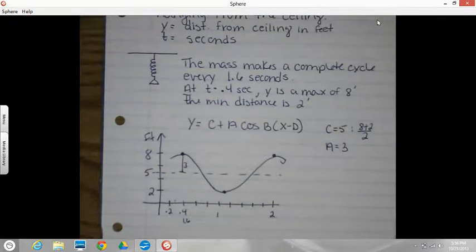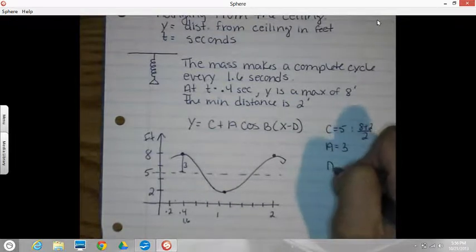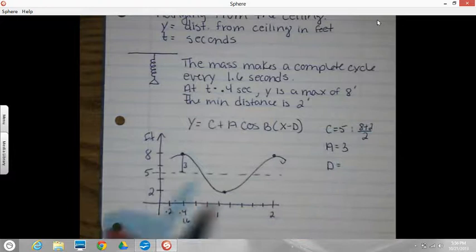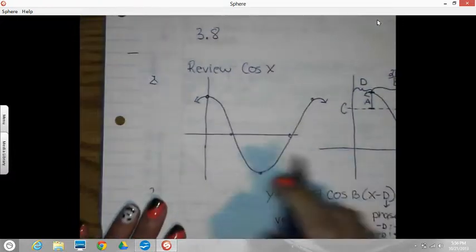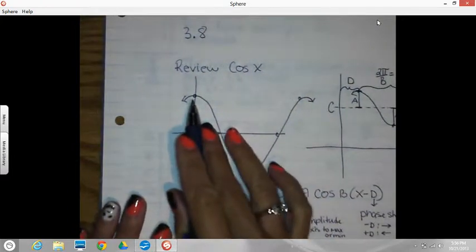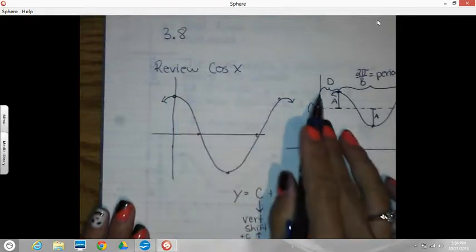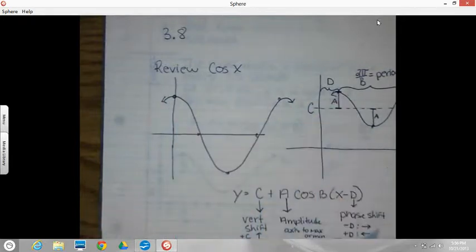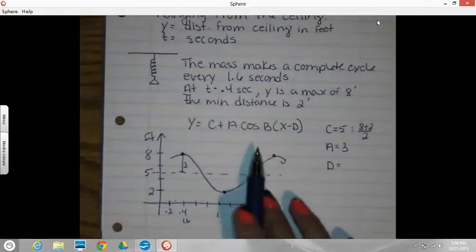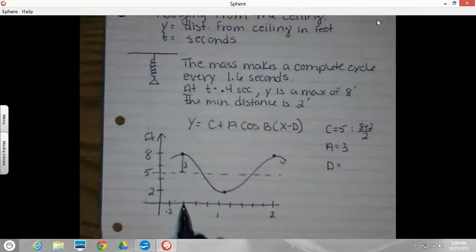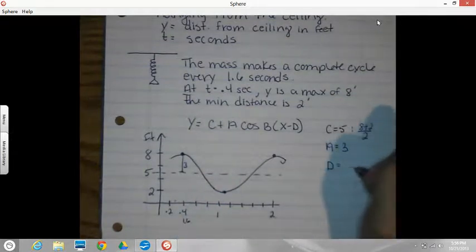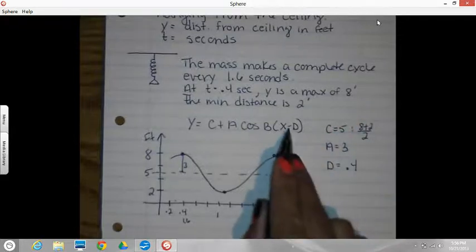Your D is the phase shift over. Normally the max starts on the y-axis unless it has phase shift, and this does. It got pulled over. So my phase is at that 0.4 seconds over when they started timing. So my D is a 0.4, and it's going to be a minus 0.4 because it went to the right.